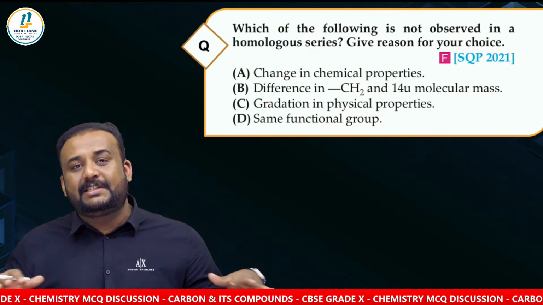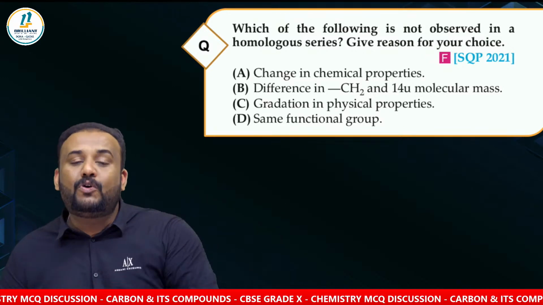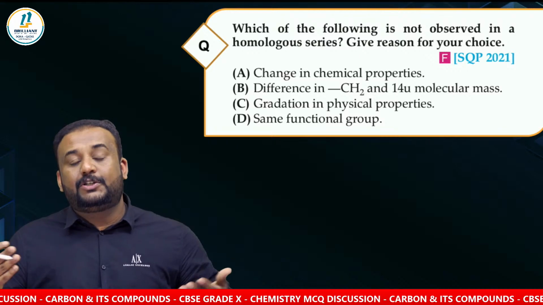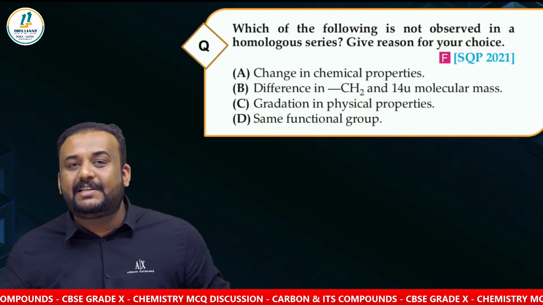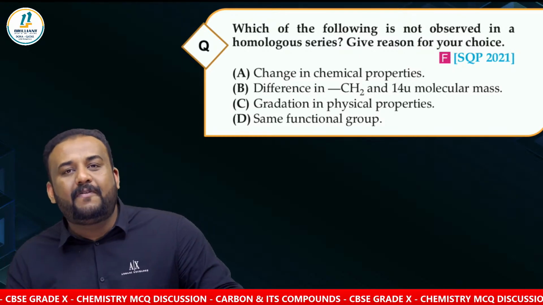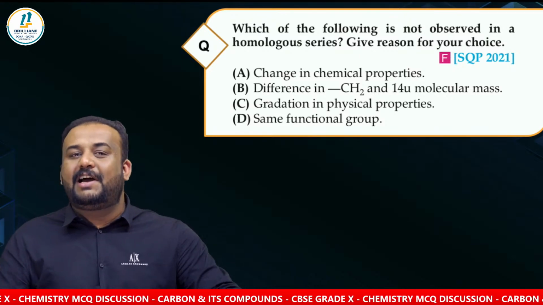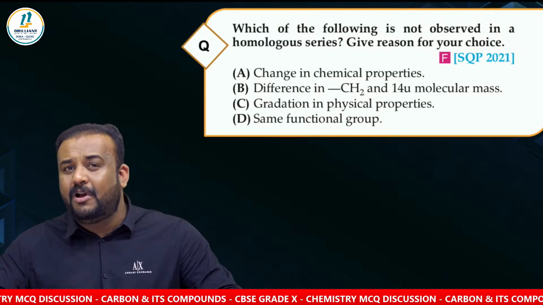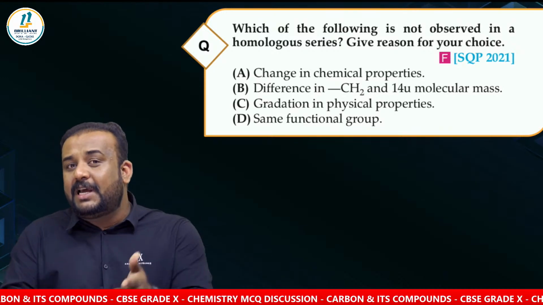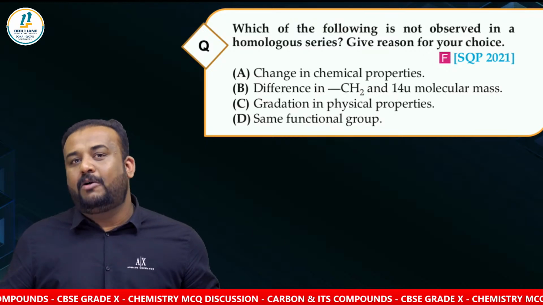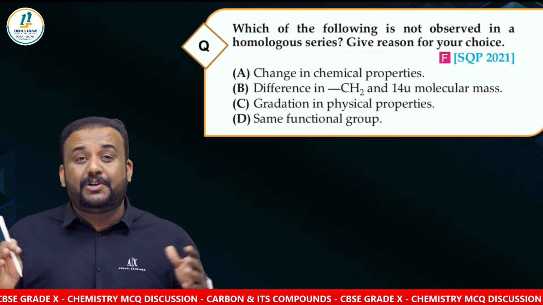So there is less surface area for methanol and more surface area for ethanol. So the intermolecular force of attraction, which is the main factor that decides the boiling point, is more for ethanol. That's the reason why ethanol has a higher boiling point. If I take propanol, it will definitely have a higher boiling point than ethanol. So remember, physical properties are different in a homologous series, but chemical properties are going to be the same.